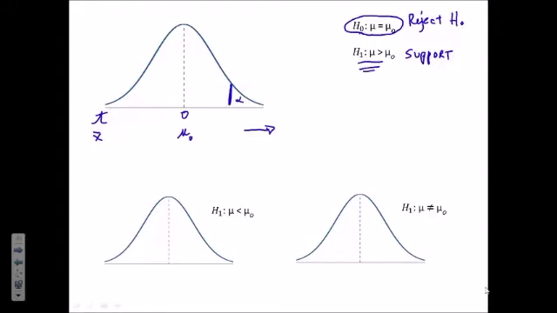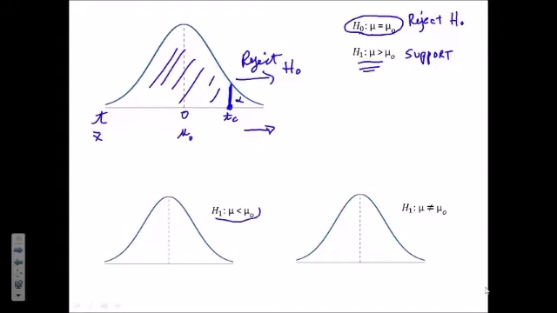Well, this tail is going to have area alpha, and that means that T critical is going to be the boundary separating the rejection region from the rest of the curve where we do not reject H naught.